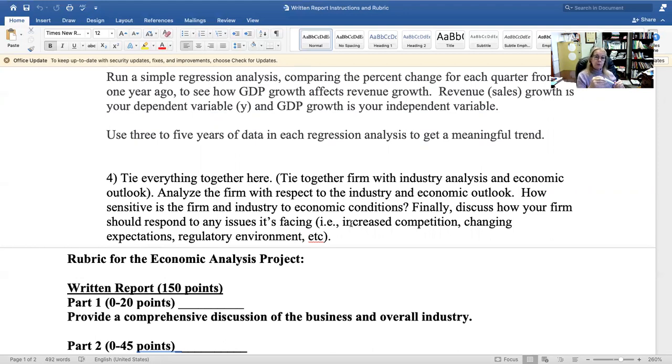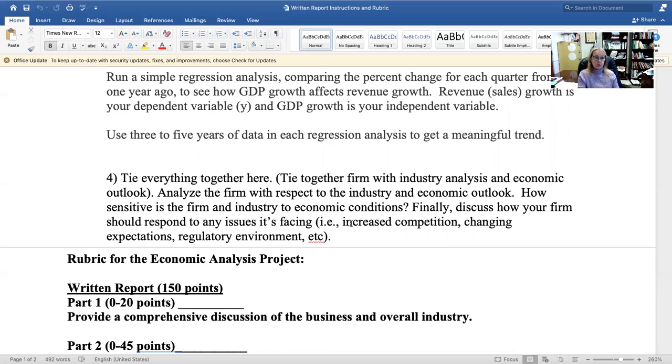So if you have the same team, the same company rather, when you get into the finance class, you're going to use this report. Parts of it you're going to break down, and that's going to be the beginning of your report for the finance class.